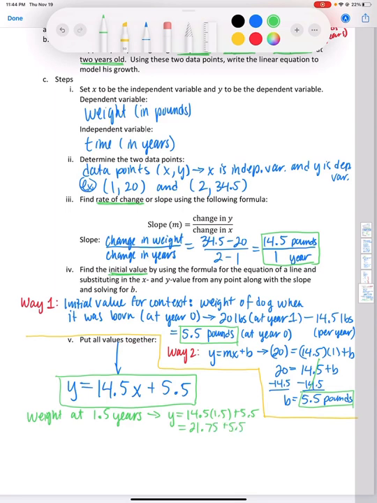We add that to 5.5, and the dog weighed 27.25 pounds at 1.5 years.